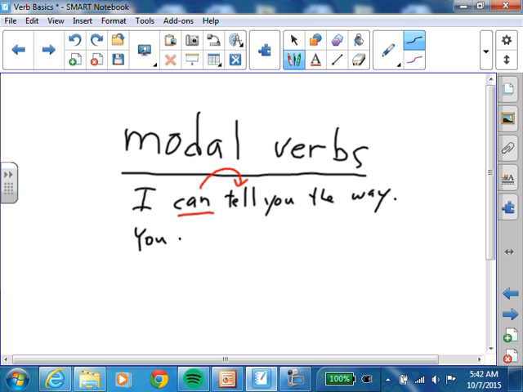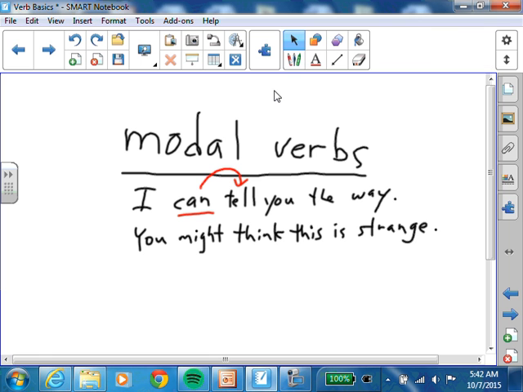You might think this is strange. Once again, you have might accompanying another verb, think.